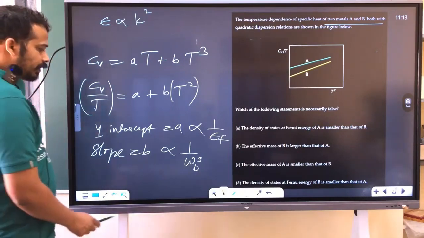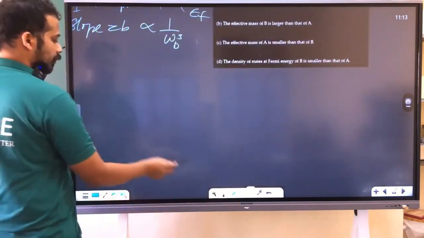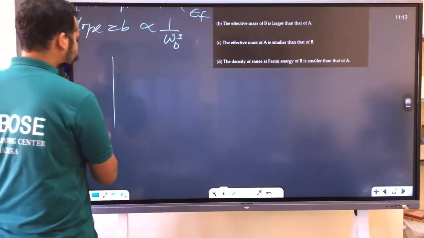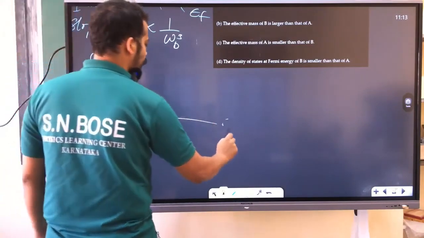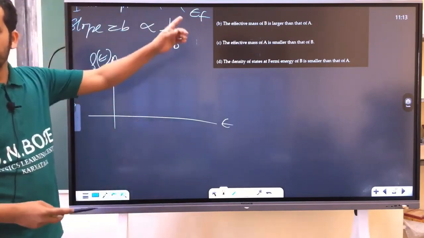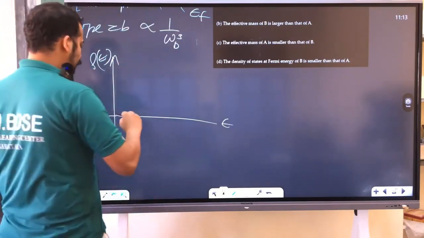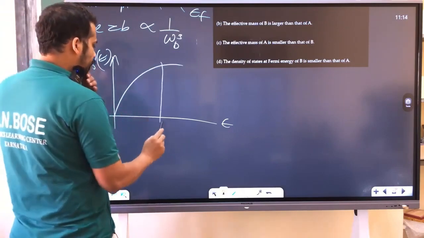In this case, I don't exactly remember, this rho of E versus E, it is root E. It's the usual non-relativistic one in 3 dimensions. It is root E like this, isn't it? Now you have somewhere here the Fermi energy EF.